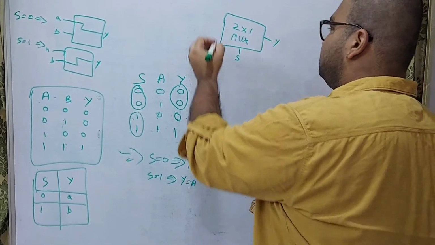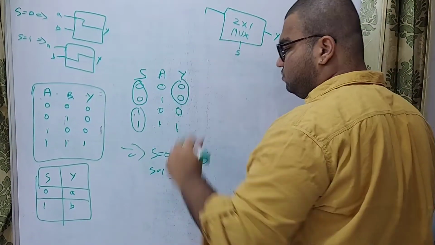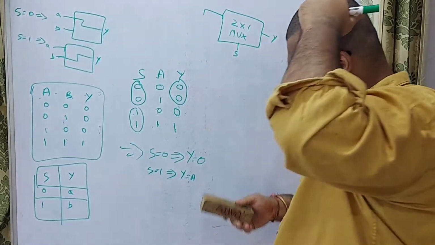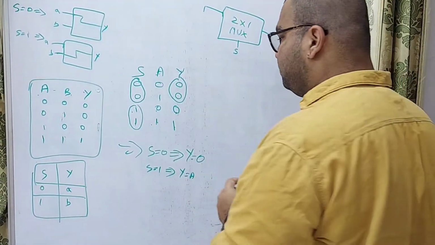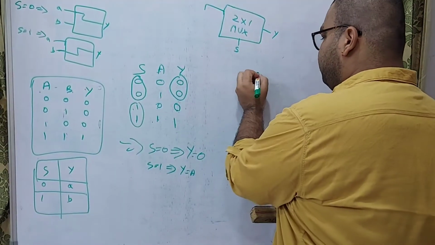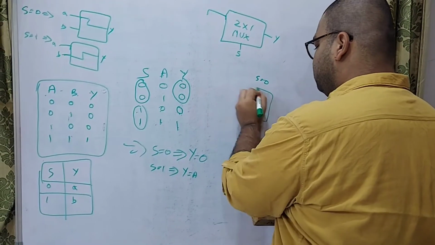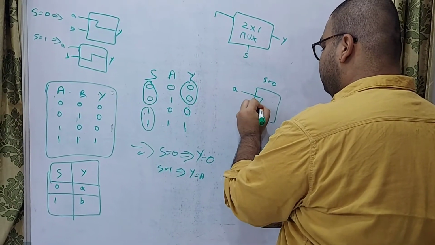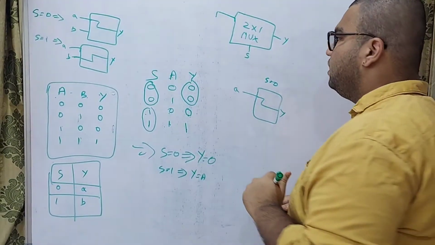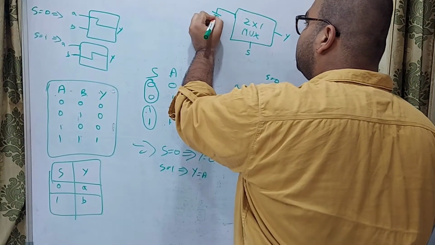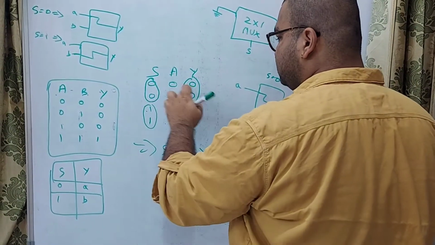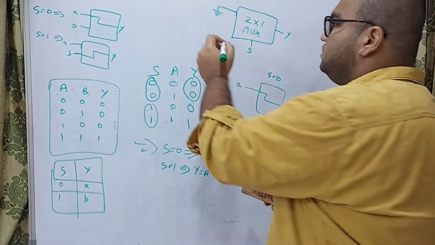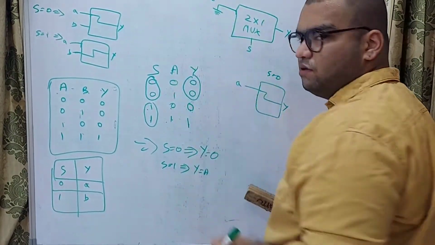This is Y. As I have shown you in the diagram in the previous minute, when S is equal to 0, the A line is connected to Y. Hence this would be ground, that is nothing but when S is 0, output is 0. 0 is nothing but ground.